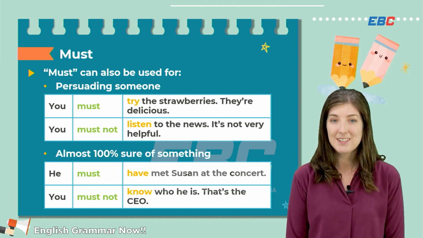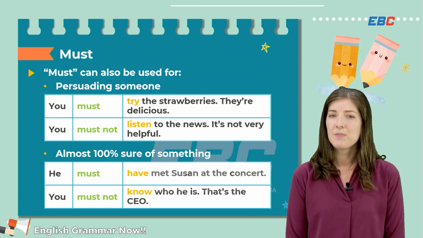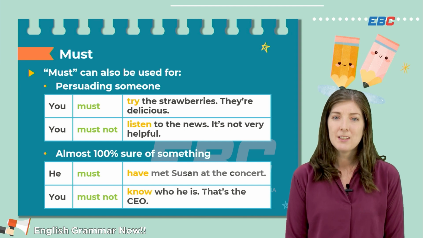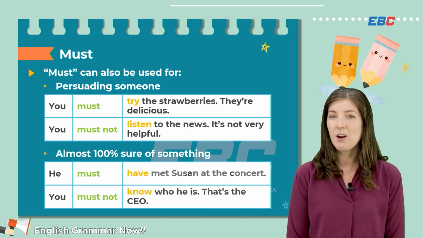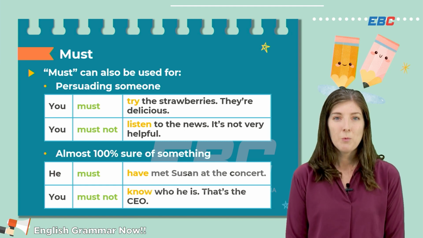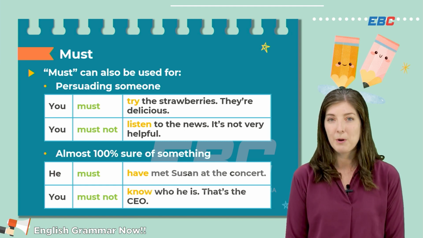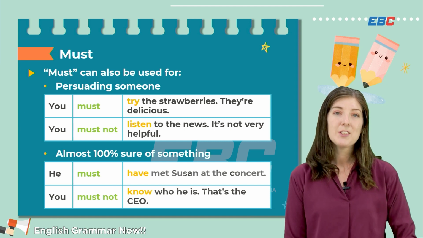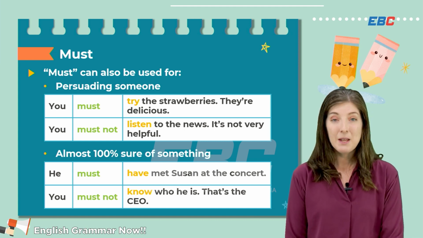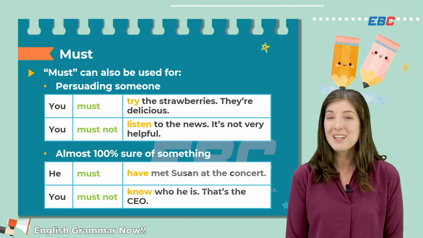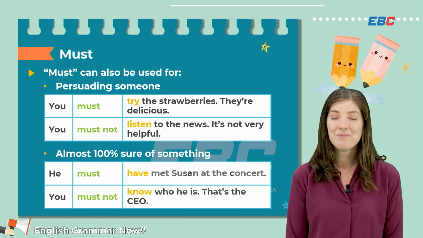They're delicious. Or, you must not listen to the news. It's not very helpful. These examples are not rules. We're not trying to control the other person, but we're trying to get them to do something. In the first one, we'd like that person to try the strawberries because they're so delicious.